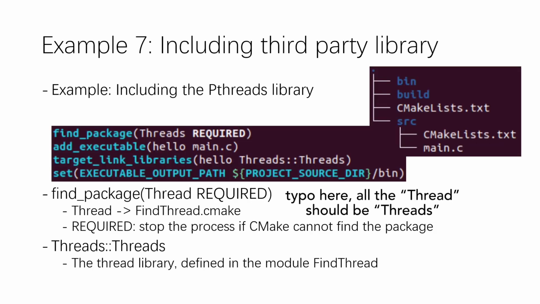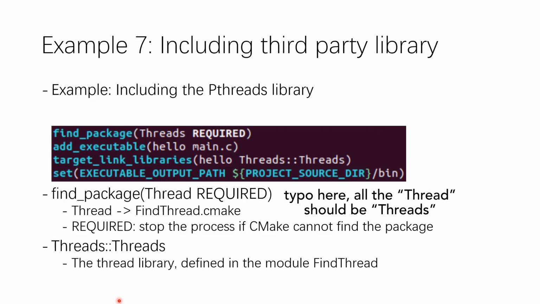Let's see an example using the pthread library. In the main program, I create some threads. Here is the inner CMakeLists. First, I use find_package in the module mode to find the module Threads, which is predefined by CMake. The parameter of find_package is Threads. Here we use Threads because we want to find a file called FindThreads.cmake, and this file is prepared by CMake, so we can just use this name.